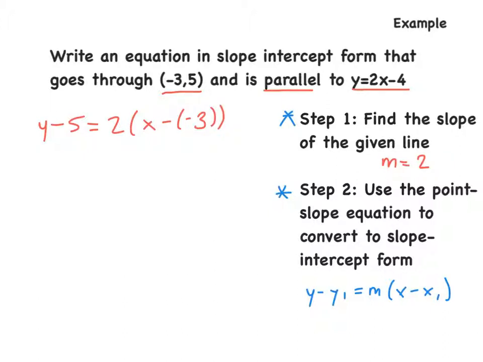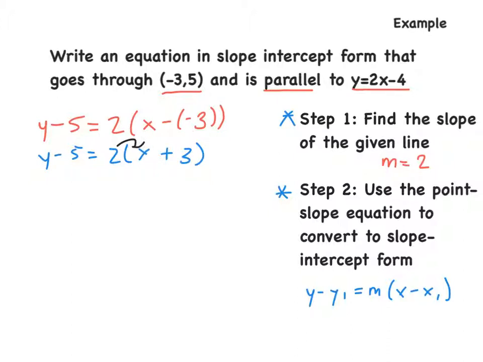Now, we just have to solve it into slope-intercept form. So I'm going to rewrite this a little bit. So y minus 5 is equal to 2x. And I'm just going to change this to +3, because if you're subtracting a negative, it's basically like you're adding a positive. Oops, sorry about that. Should be a 3.